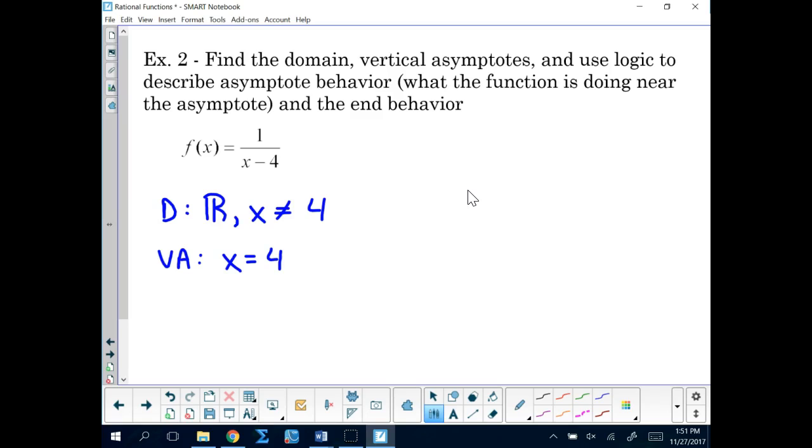So my end behavior then, as x goes to infinity, f of x is going to be positive 1 divided by a positive big number, so it's going to go to 0 from above.